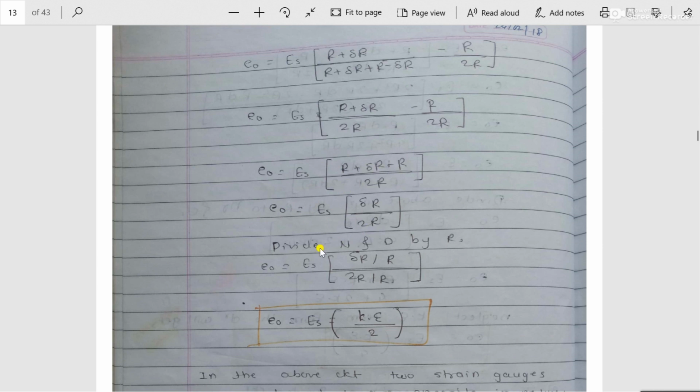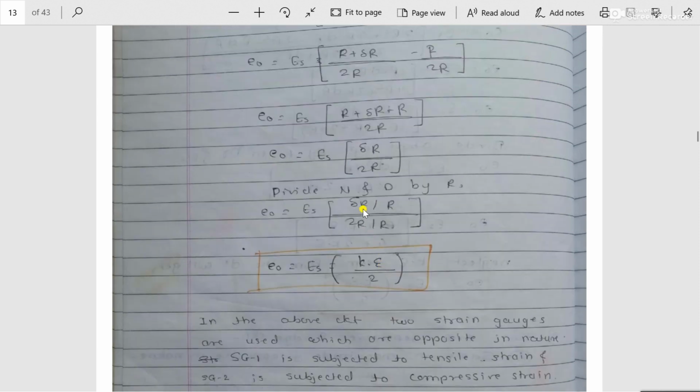But as we have to find this particular E0 value in terms of k into epsilon, what is our requirement? We have to divide by capital R in the numerator as well as the denominator. So if I divide by capital R in the numerator, the equation becomes delta R upon R. Similarly, I have to divide by capital R, that is 2R upon R, and as we know that this delta R upon R is equal to k into epsilon.